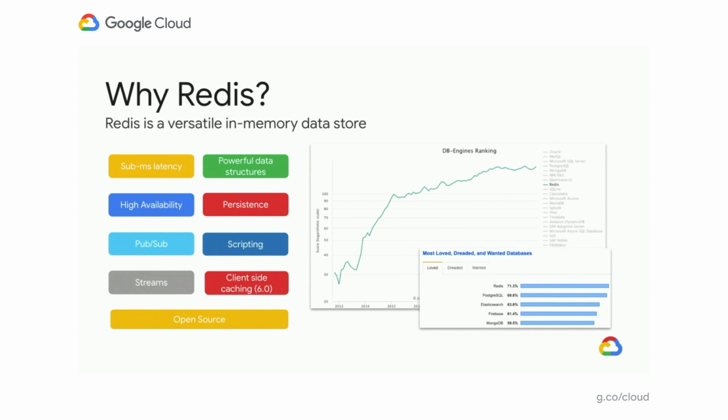The popularity is reflected in DB-Engines, which is a popular website for rating databases, and also in the Stack Overflow survey, where developers and DevOps folks rated Redis as the most loved database. So it's super clear that Redis is a very popular in-memory store that is used across applications today.